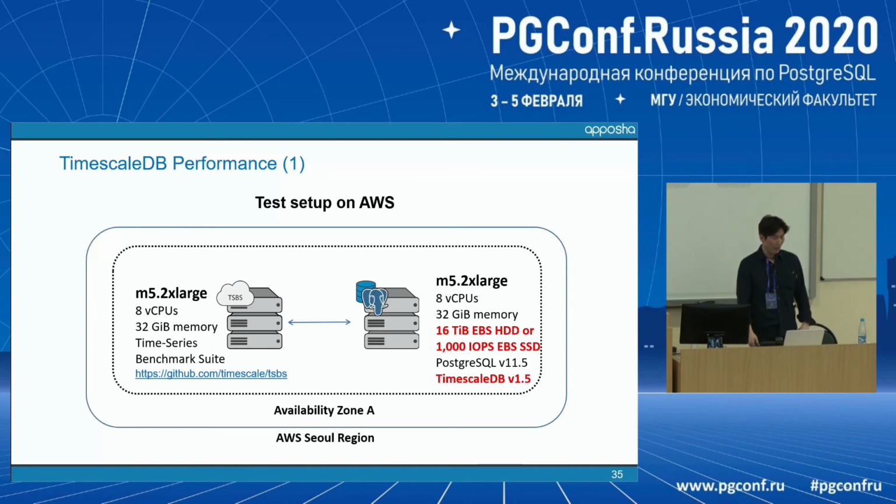I ran the Time Series Benchmark Suite, which is developed by Timescale itself, following the benchmark steps written in their blog. I used a 16 terabyte EBS hard disk drive and a 1,000 IOPS EBS SSD as storage, and TimescaleDB version 1.5.